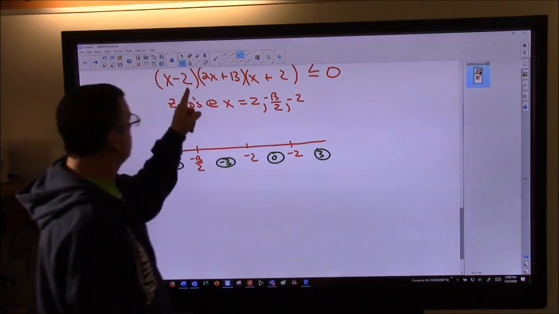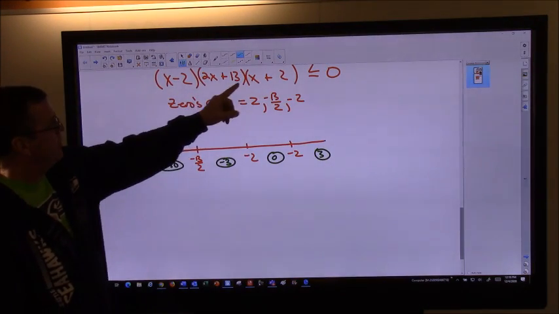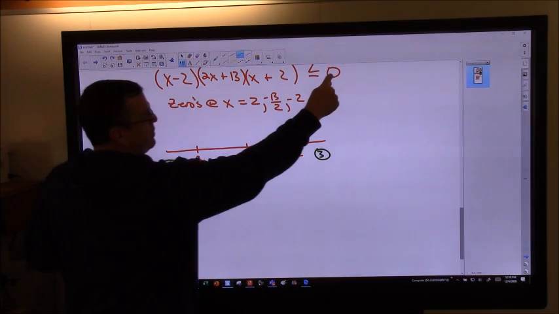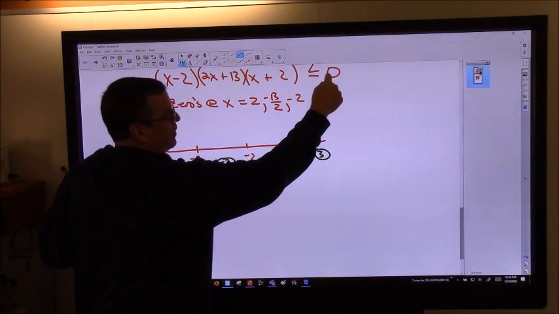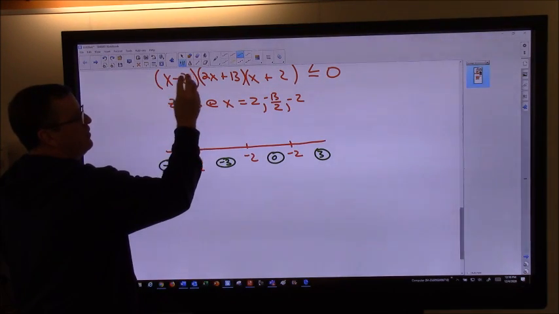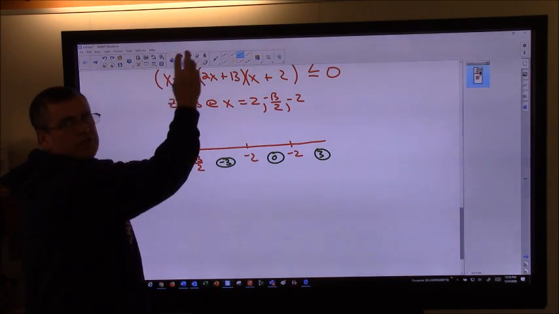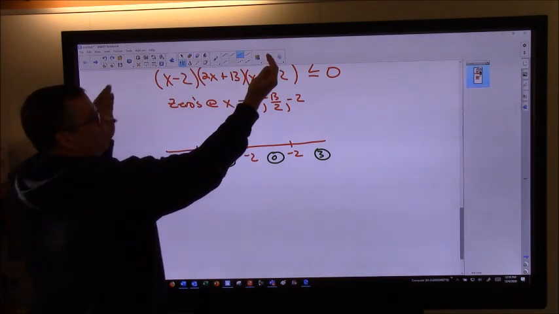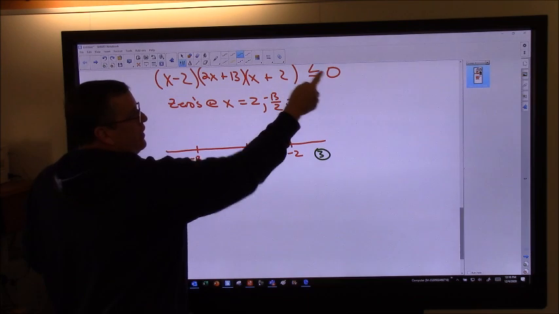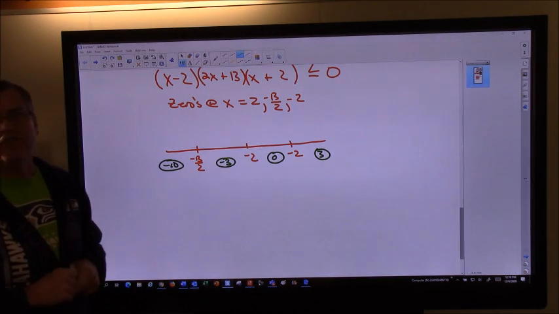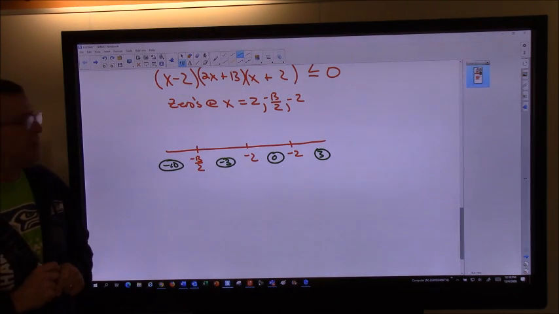So I always want to be able to go back and see my factors, because when you have this, a 0 over here, all I need to do is look at this and think to myself, positive times a negative, or negative times a negative times a negative. I just want to know, is the answer less than 0? I'm looking for negative answers, right?